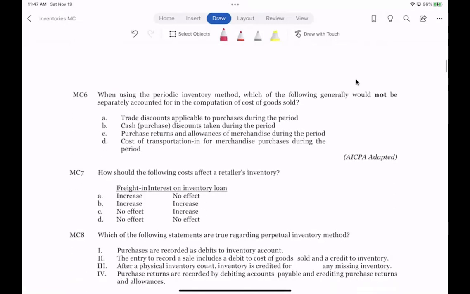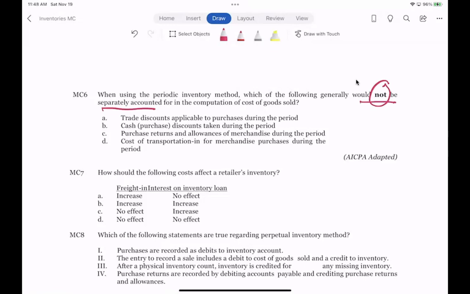When using the periodic inventory method, which of the following generally would not be separately accounted for? It would not be separately accounted for, so there is no account title of its own for the computation of cost of goods sold. So trade discounts applicable to purchases during the period, trade discounts are not recorded. They are immediately netted against the recorded purchases.